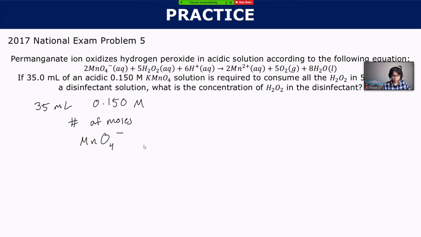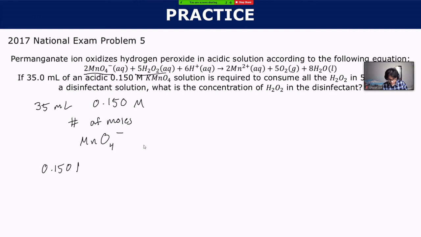We can take the number of moles of that, and that is helpful because we can relate that number to the number of moles of H2O2, because we know that they're going to be in a 2:5 ratio. So if we find the number of moles and we multiply that by 5/2, we can get the number of moles of H2O2. So let's try doing that.